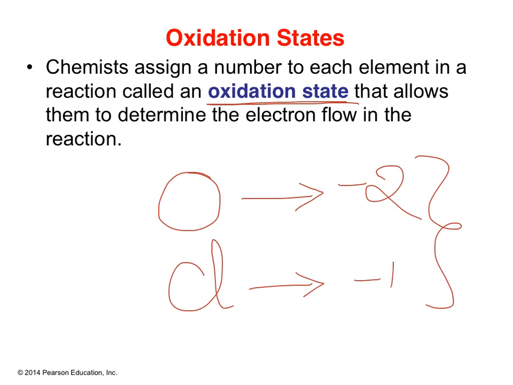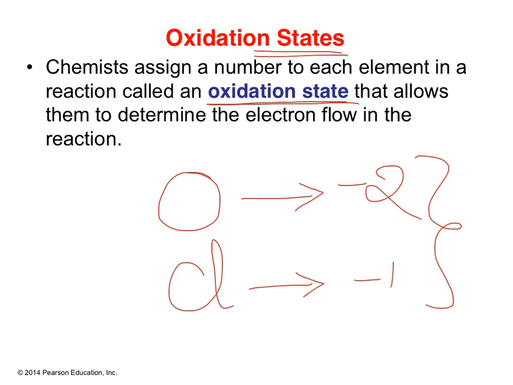They're not charges according to what we say are charges on a periodic table, but these are imaginary numbers assigned based on some rules. Ion charges, on the other hand, are measurable numbers. So the difference between charge and oxidation state is that charge is a real measurable number and oxidation state is an imaginary number assigned based on a set of rules.